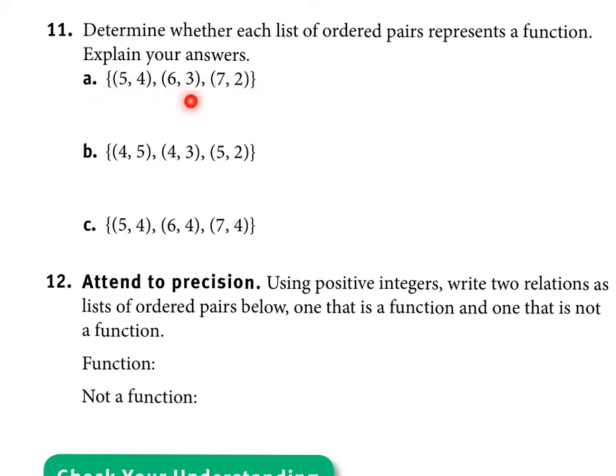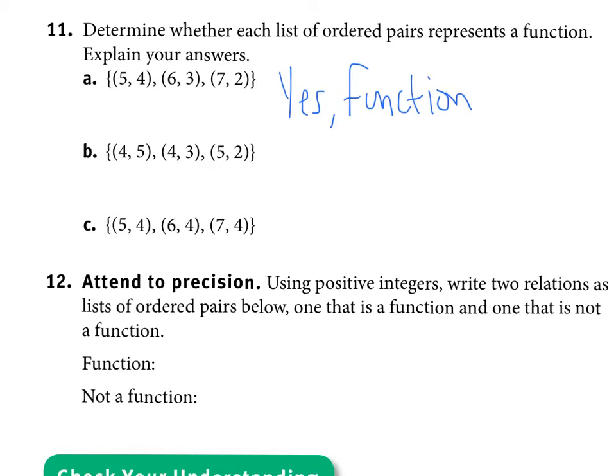Nowhere in here do I have the same input, 5, 6, or 7, giving me two different outputs. So in this case, yes, function. There is no repeating.